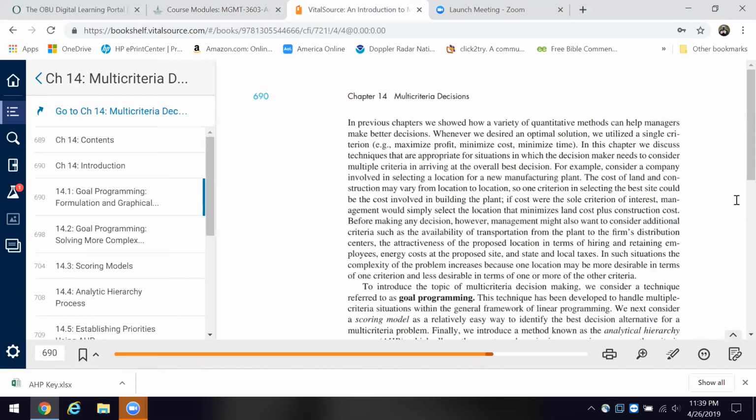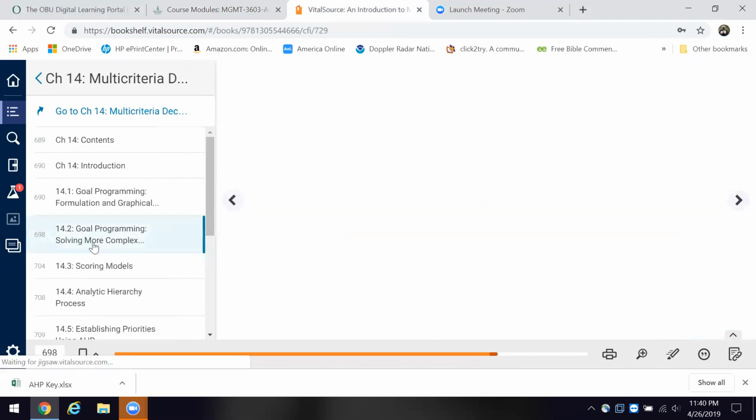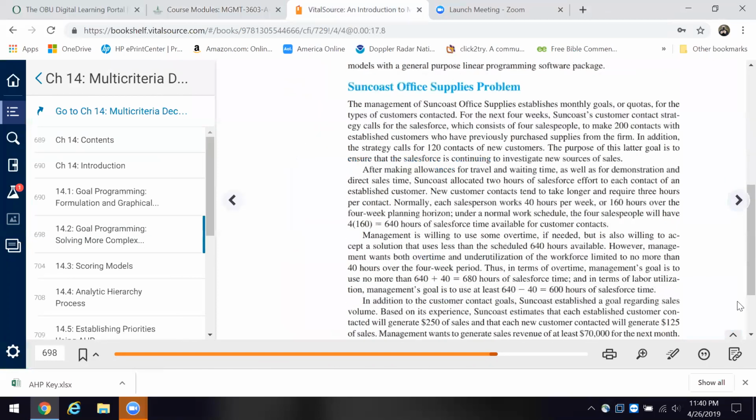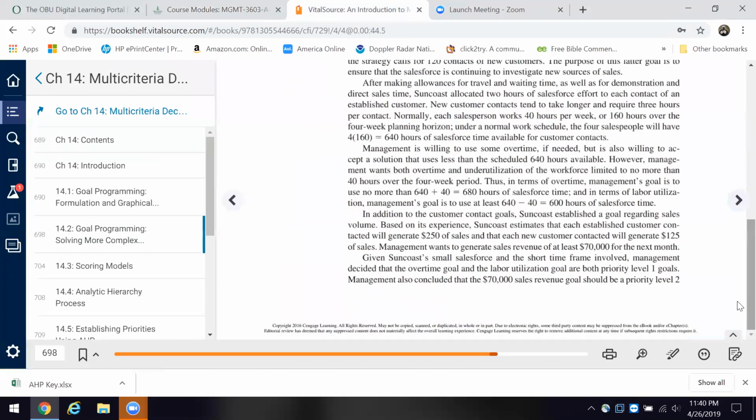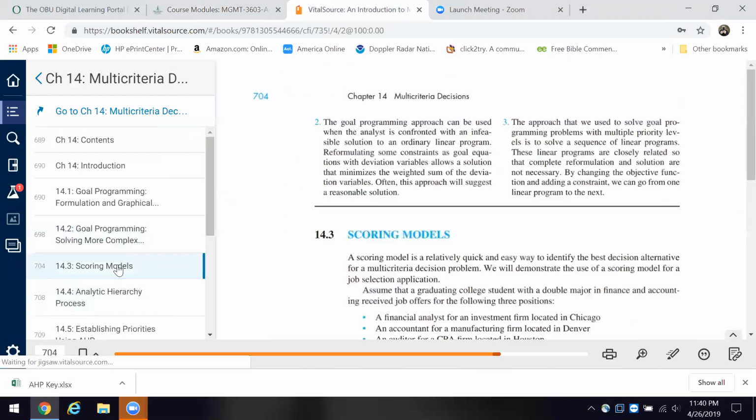The authors give us some of the introductory materials, concepts like goal programming and graphical solutions, dealing with more complex models. We're going to focus on over here on scoring models.